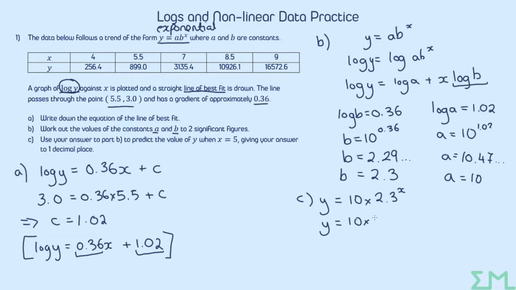Now I can simply put my power of 5 in there, x equals 5, and pop that into my calculator. And we get 43.6, remember the question here has asked for 1 decimal place. There are no units to give because this question did not have a context. So we are done.